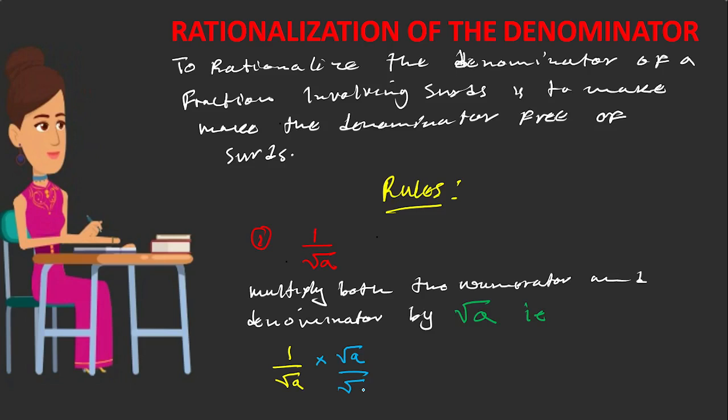According to what we learned about surds, the answer is a. So this expression tells you that there is no surd on the denominator. This is the first rule when you have 1 over square root a. Do we have any question on this rule so that we move on?